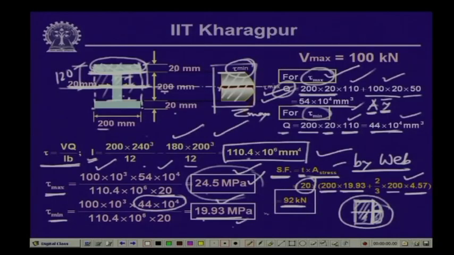Hence, in normal engineering design, where we do not really need to compute the stresses that precisely, we assume that the shearing stress is carried by the web alone and the bending stresses are carried by the flanges of this section. This is quite interesting, and that simplifies the calculation to a great extent.